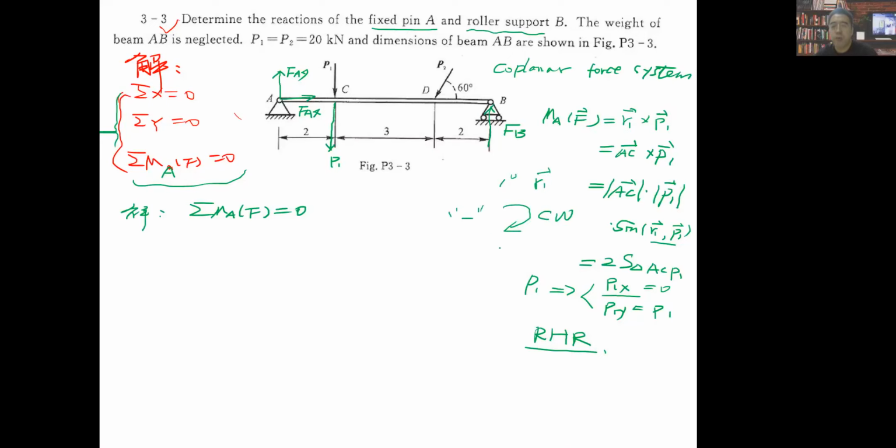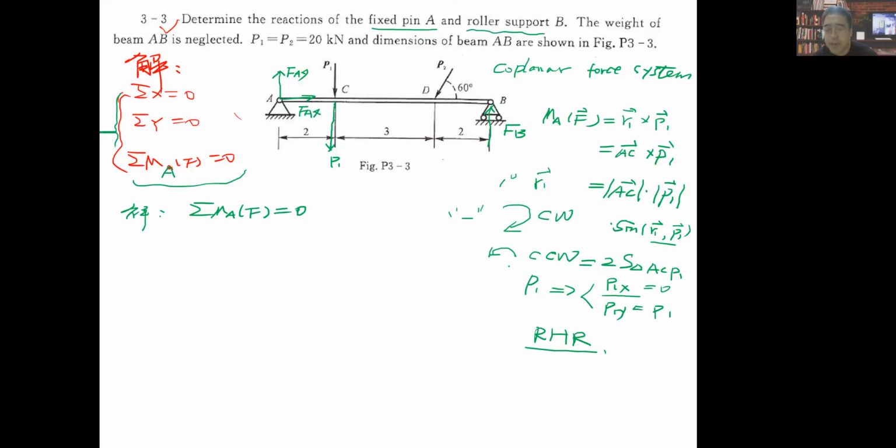Another time, if you find another force whose moment to this point has another direction, so maybe I draw it like this, we call that CCW, counterclockwise. Actually, in Chinese, we call that 逆时针.